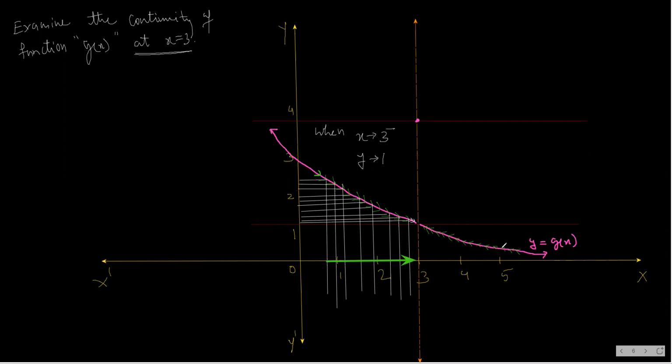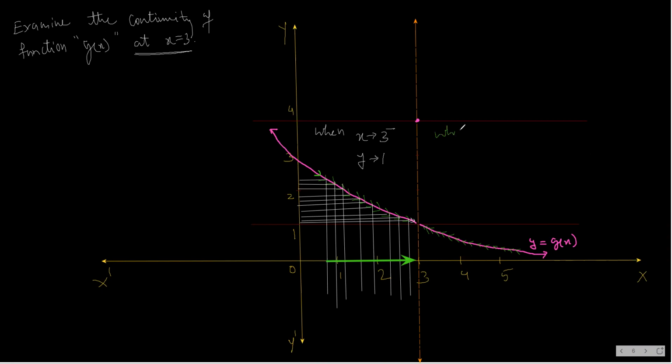The x value is somewhere here, 5, then 4.5, 4, 3.5, and so on. So you notice a drop in x value, but that drop only takes it closer to number 3. And as x is approaching 3, the y value is approaching 1. There is a rise in y value, and that rise takes it closer to 1.